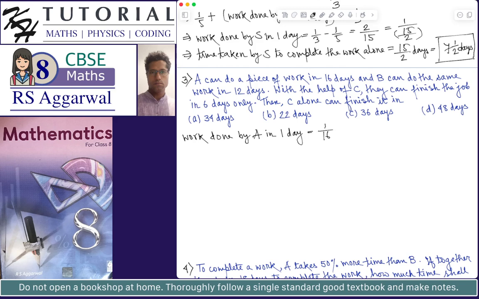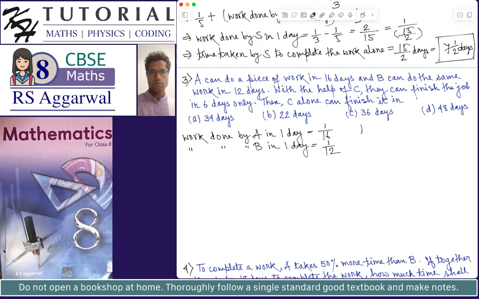That is 1 by 16th part of the total work will be done by A in one day. Similarly, we will have work done by B in one day will be equal to 1 by 12. Now, it is asking then C alone can finish it in how many days?